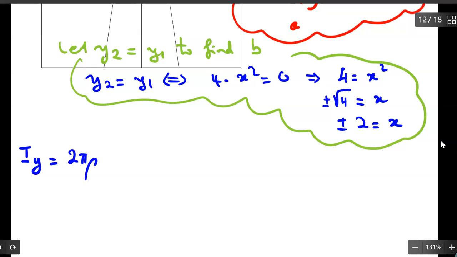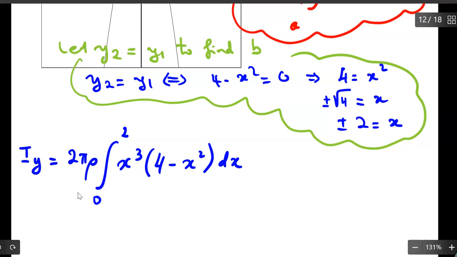2 pi rho, and remember these are all constants, right? So they go across the integral sign. 2 is a constant, pi is a constant, rho is a constant as well. It's the density of the material that you're going to use to design your solid. So, integral from 0 to 2 of x to the exponent 3 multiplied by (4 minus x squared) dx.